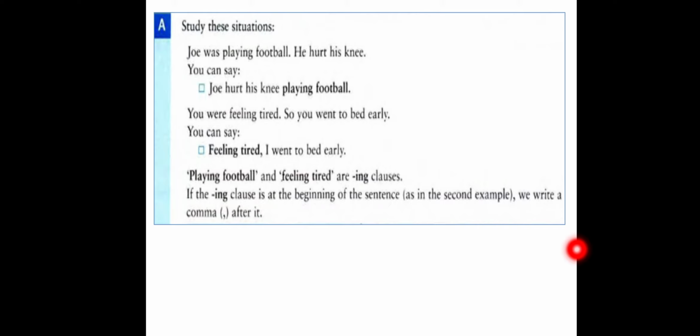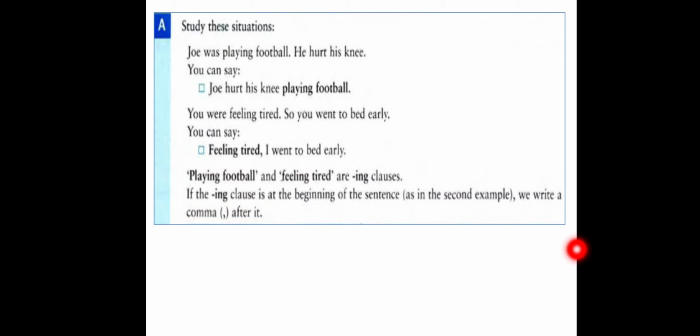If the ing clause is at the beginning of the sentence, as in the second example, then we write a comma. In other words, if you start your sentence with the subordinate clause, you use a comma. If you start your sentence with the main clause, then you don't use a comma. For example, Joe hurt his knee playing football.